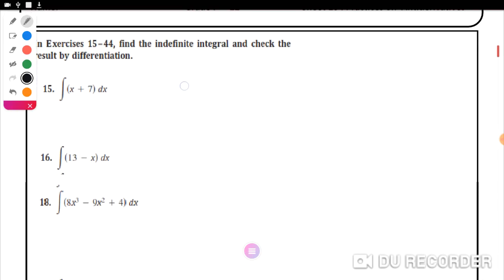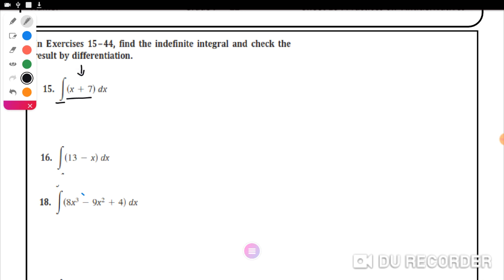It's so trivial. I'd like to remind you of the vocabulary of this lesson. Here is the integral sign. This is called the integrand function. I'd like to integrate the function x plus 7 with respect to x to find the antiderivative.